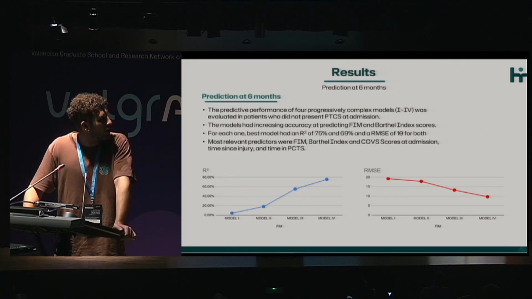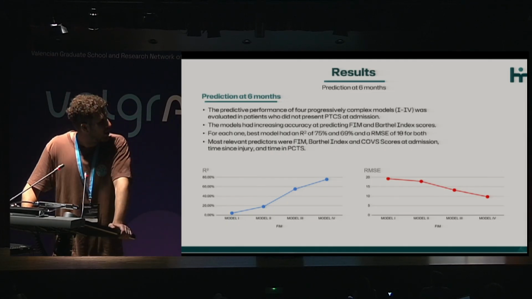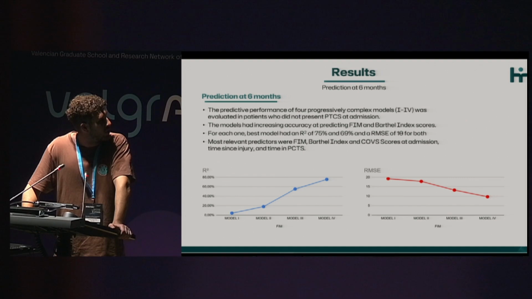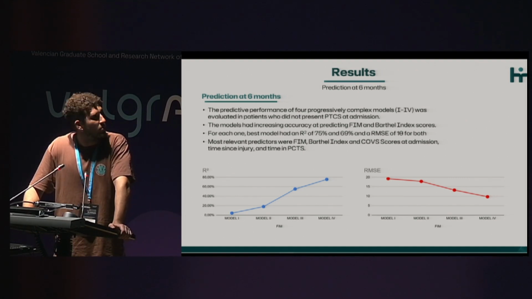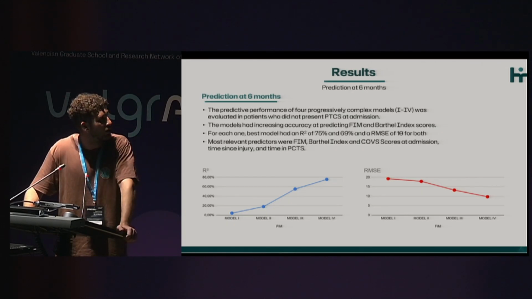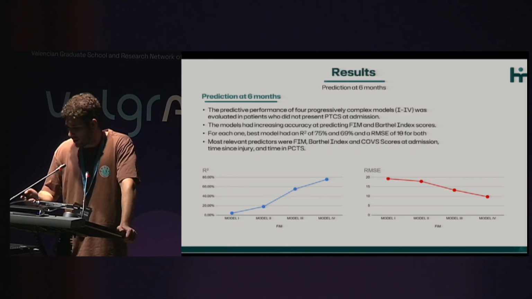We achieve some good numbers, around 70% in R-square and 10 points for both scales in RMSE. And the most important predictors are always the functional independence measure or the Barthel index in each study. And then we have some motor scales like the COPS, etc.